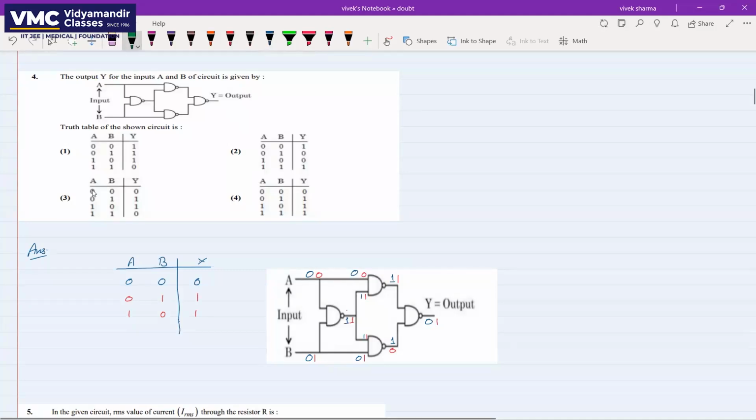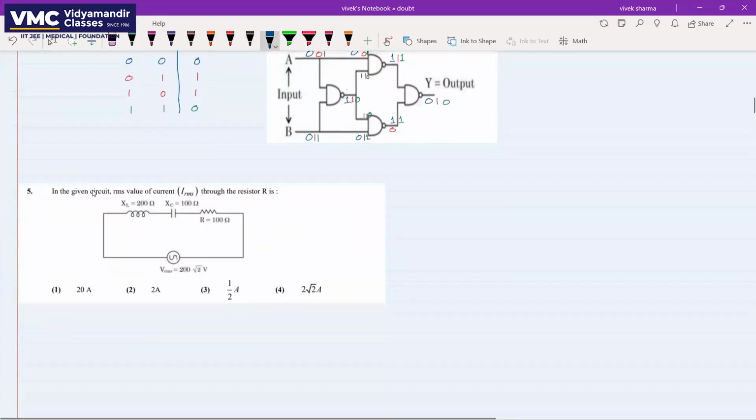And for the last, it is 1, 1. Then this is 1, this is 1, 1, 1, then this NAND gate output will be 0. So here it is 1, and this is 0, 1, 0, it will be 1. This is 0, this is 1, 0, 1, it will be 1, and 1, 1, again it will become 0. So option 3 will be correct.